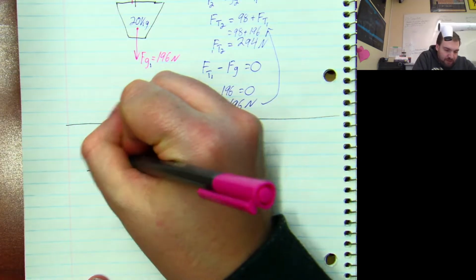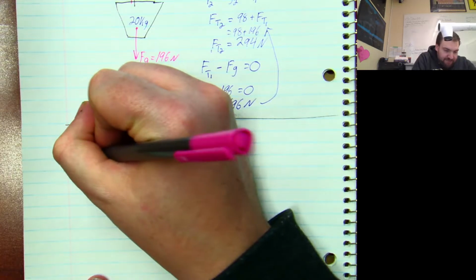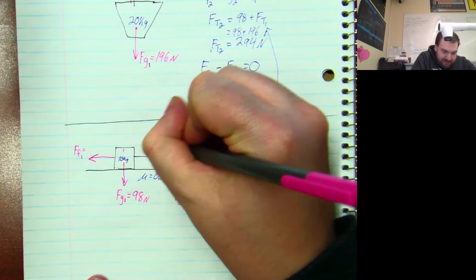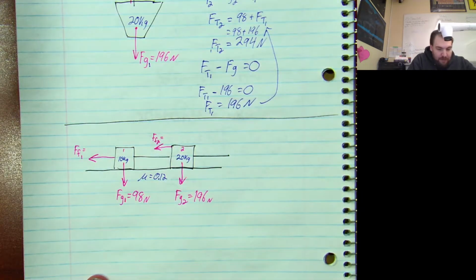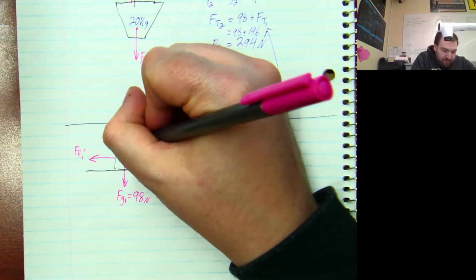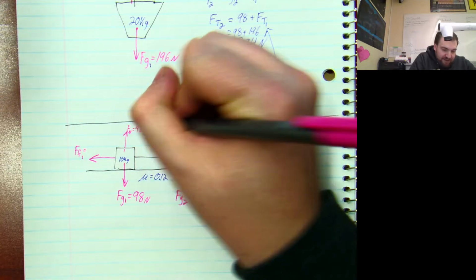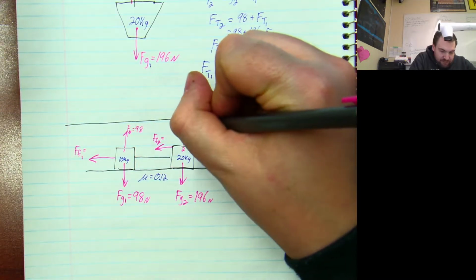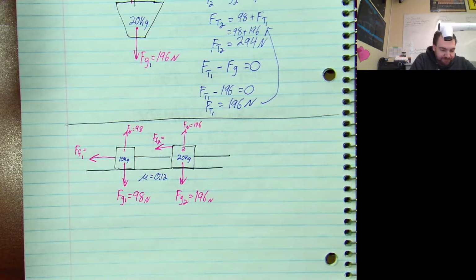Okay. So that guy's going to have a force of friction, and I'll call that force of friction 1. This guy's going to have a force of friction, I'm going to call him force of friction 2. You have normal force, which is the same as the gravity. We're going to have an Fn, which is the same as gravity. You take the gravity, multiply it by the mu, or 0.12.